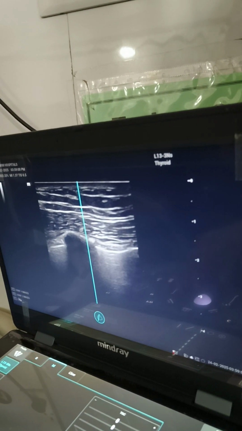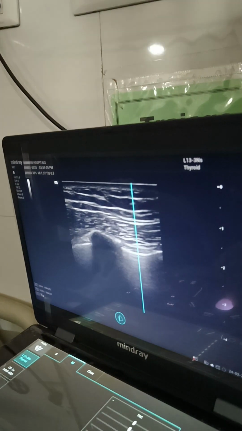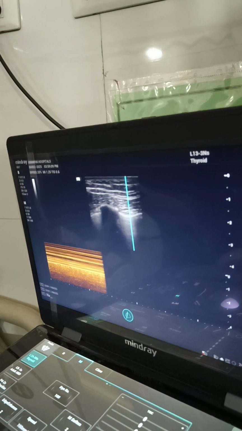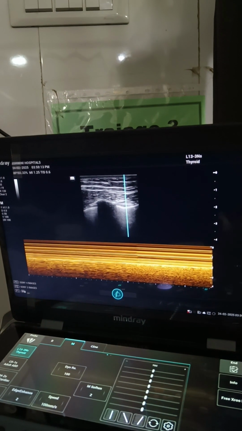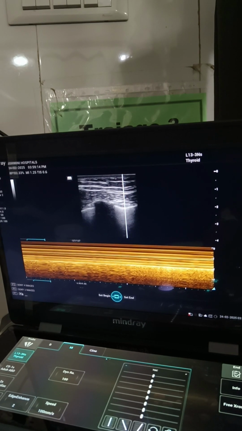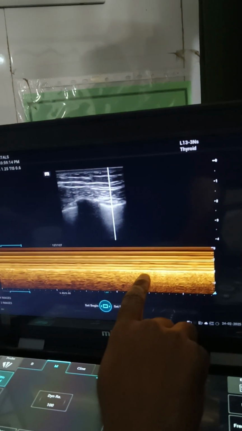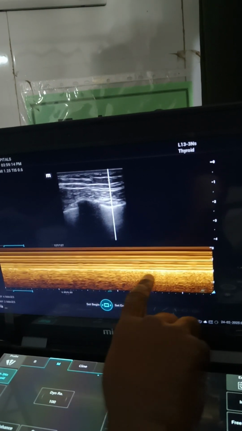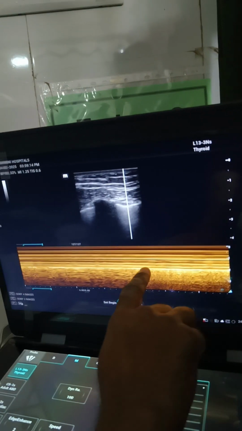Now I am placing M mode in this intercostal space through the pleura. And how does it appear? On M mode, you see, I am freezing it. This appears like sand on the beach. This appears like the sea, which is seen far from a window facing the sea.